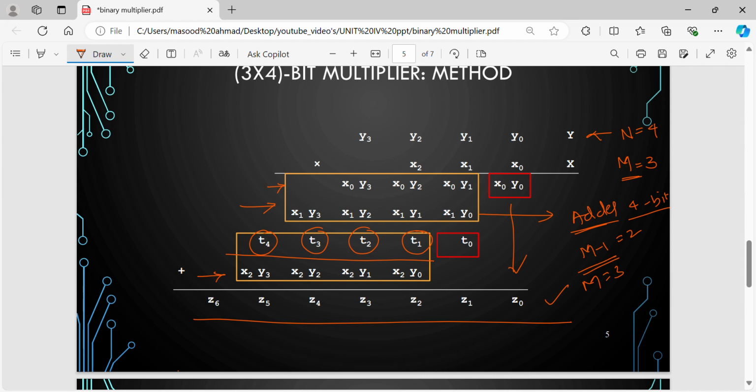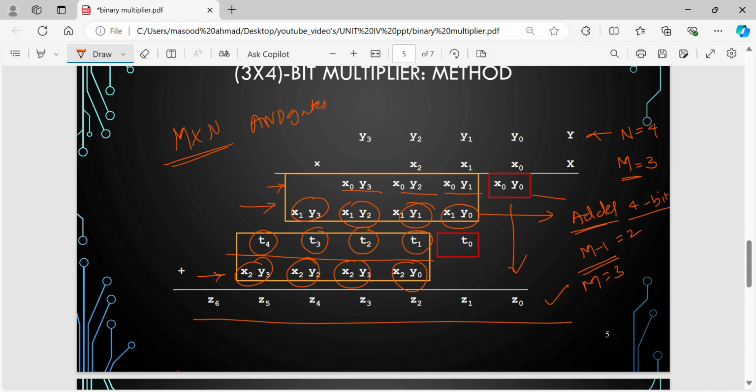multiplication process, right? How many AND gates are required? I need an AND gate for this, this, this, this, this, this, this, and this. Because it is a multiplication, the whole number of products is m by n. So I need m by n AND gates to get the partial products.